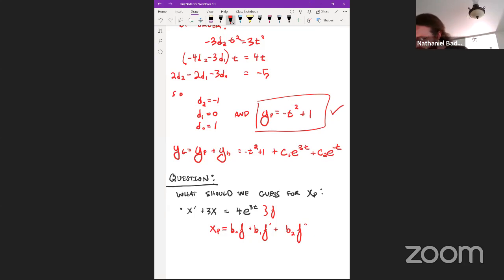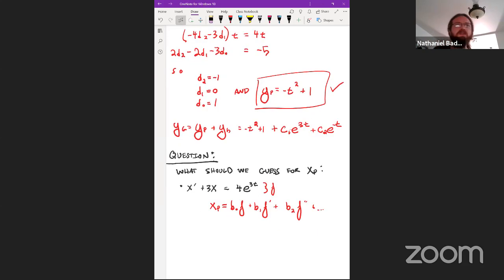But all of these derivatives are just e to the 3t. So this is b0 e to the 3t plus 3 b1 e to the 3t plus 9 b2 e to the 3t, and so on. It's just going to be some constant times e to the 3t. That's what we should guess.